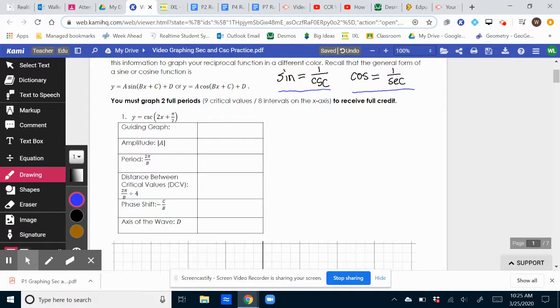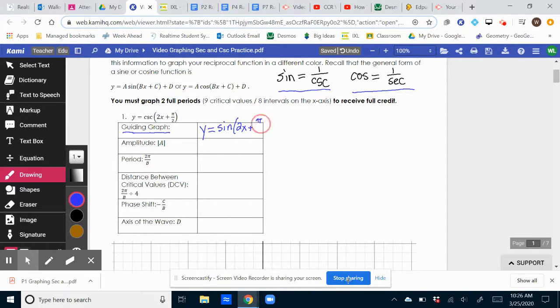All right, so now the key to graphing these is using what we're going to call a guiding graph. The guiding graph is literally the same exact function, except if it's a cosecant, I'm going to rewrite it instead as sine.